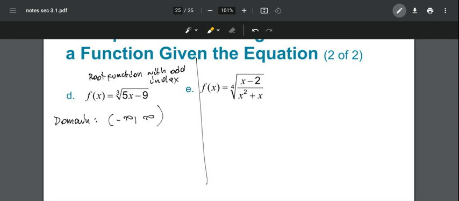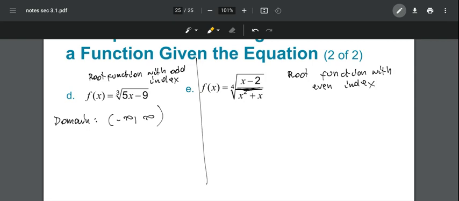And the last one. So here, what we have is a root function. This is more work here. We have a root function with even index. Okay, so we have a root function with even index, and also under the root we have a rational expression.